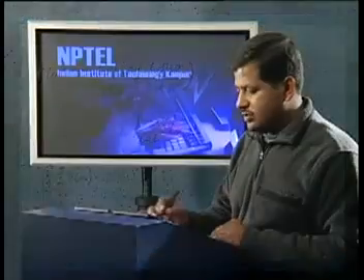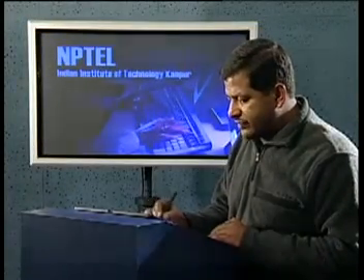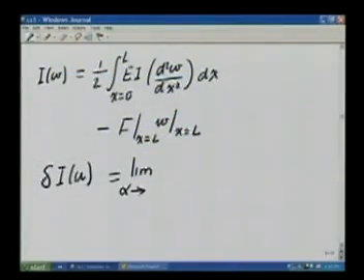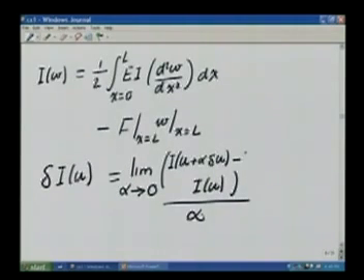delta I of u. This variation will be given by definition as the limit of alpha tending to 0 of I of u plus alpha delta u minus I of u, whole thing divided by alpha.